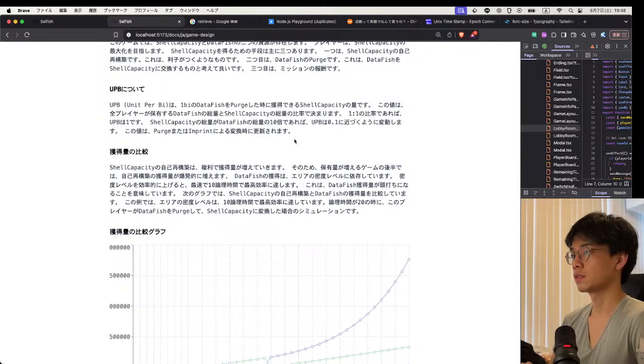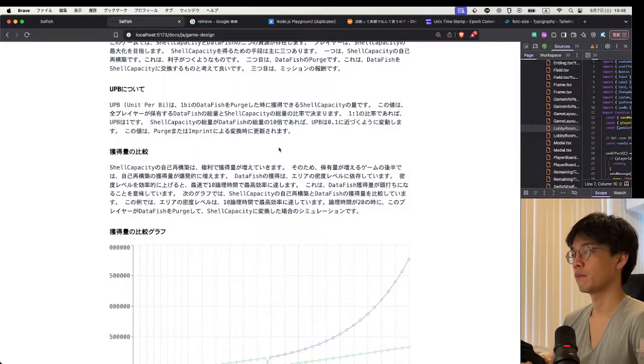This value is calculated based on the ratio between total amount of data fish and total amount of shell capacity.